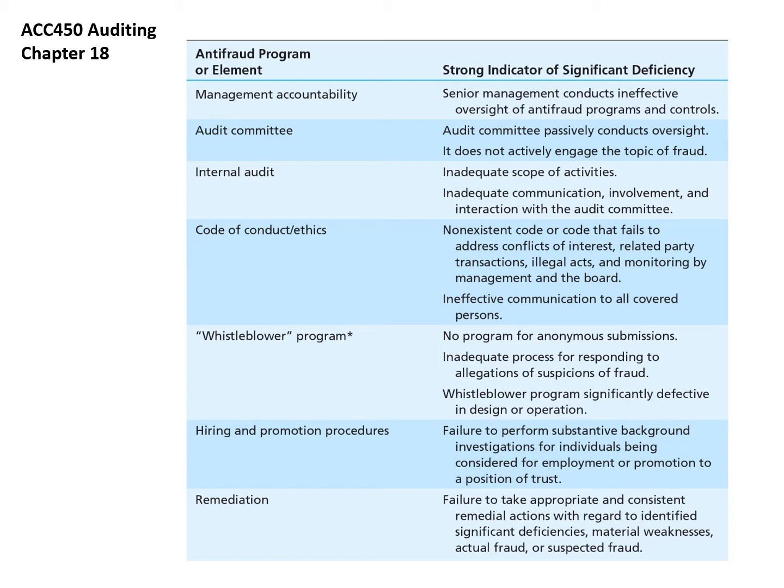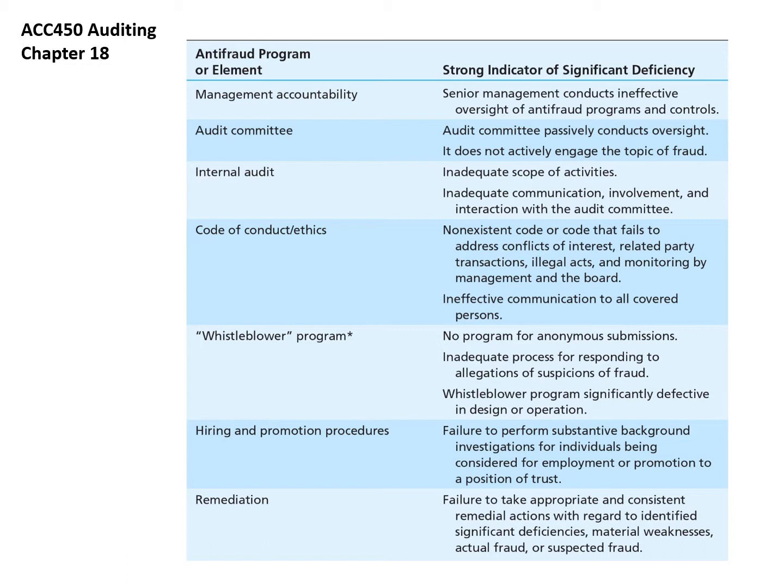I'd look at whether or not the company has some form of whistleblower program. So is there a way that an employee could confidentially indicate that something is being done improperly without worry about retribution? What are their hiring and promotion procedures? So if they're not doing background checks, not calling on references, doing a limited approach in terms of the people that are put in positions of trust, that would be a negative thing.